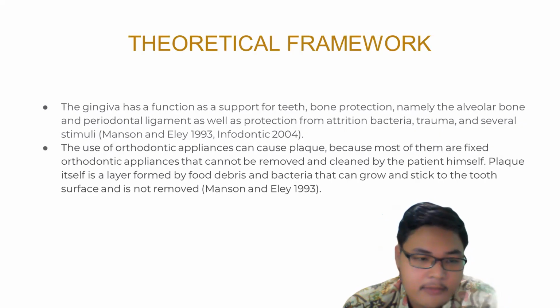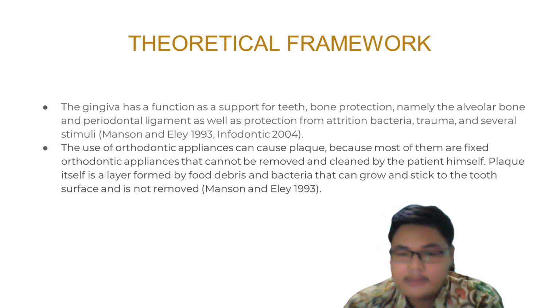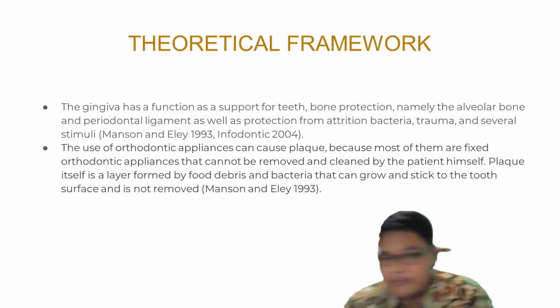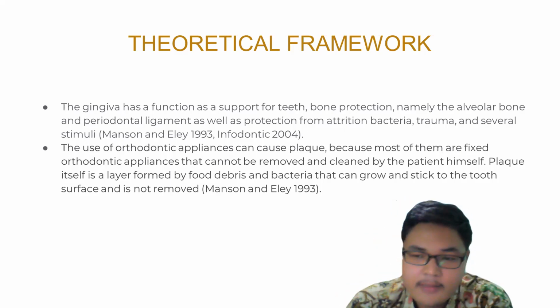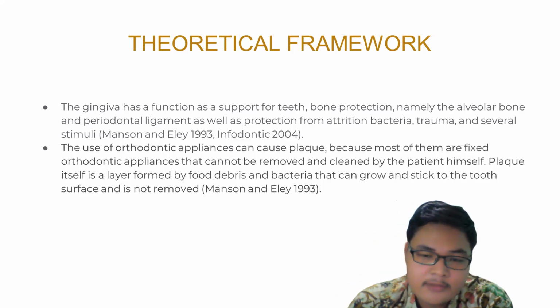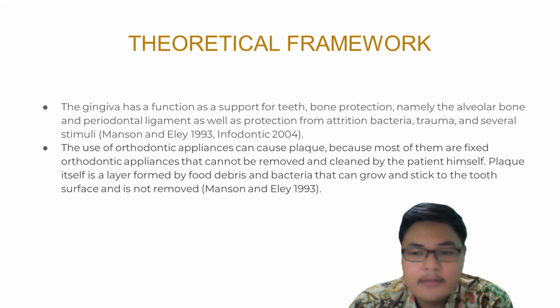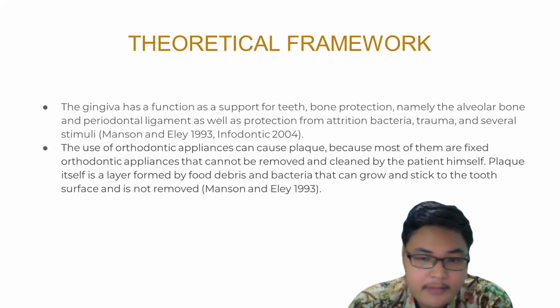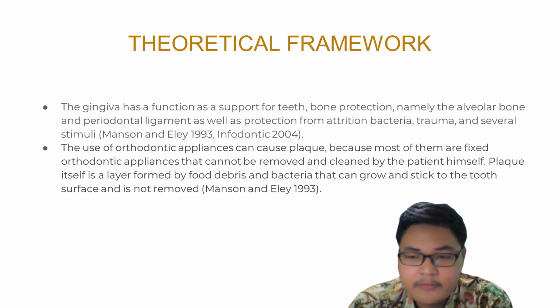Next, the theoretical framework. So the gingiva has a function as a support for teeth, protection of bone and alveolar, and also periodontal ligament, as well as protection from attrition, bacteria, trauma, and several stimulation. And the normal gingiva has a pink color because it is affected by blood and tissue pigmentation.